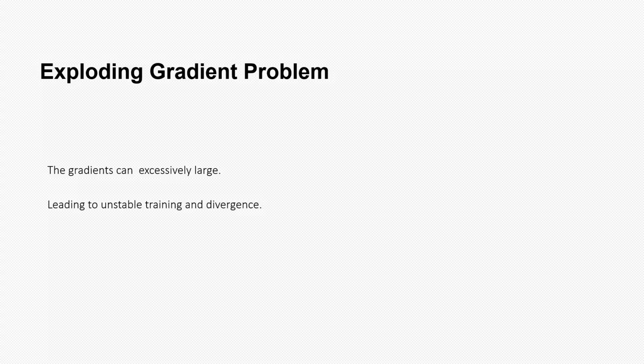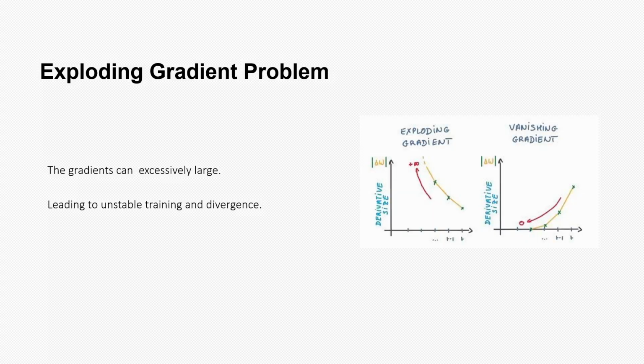That's why the model predicts unstable results. If we look at the curve, when the vanishing gradient occurs, it reaches almost zero. And with the exploding gradient, it never goes to the optimal minima, beyond it, the weight increases.